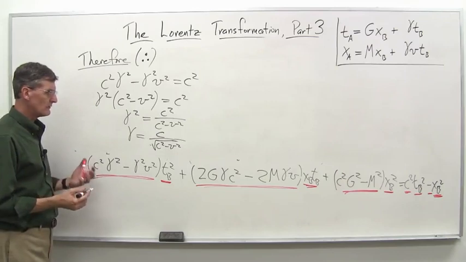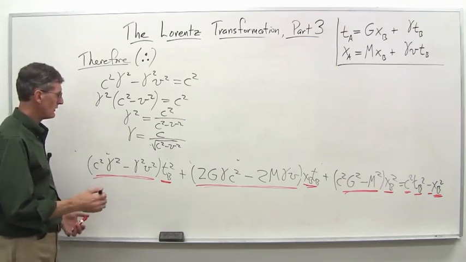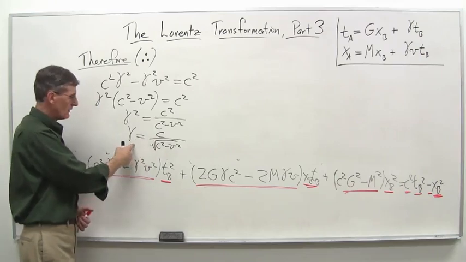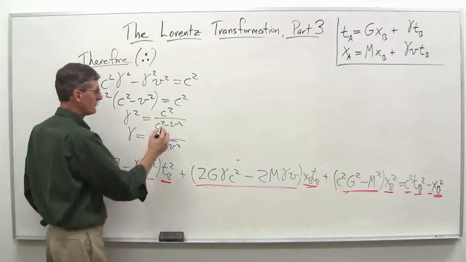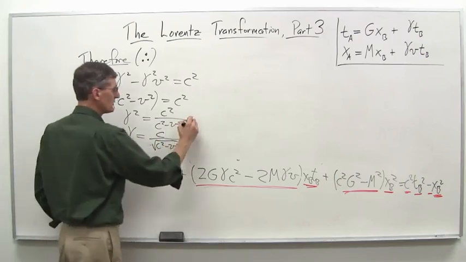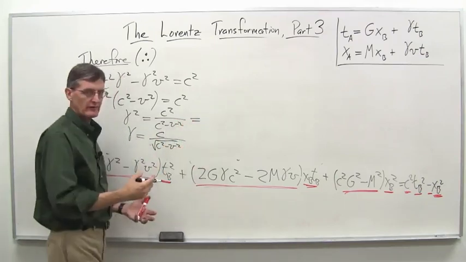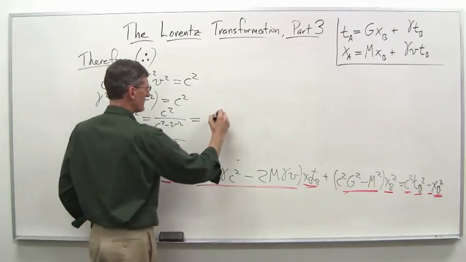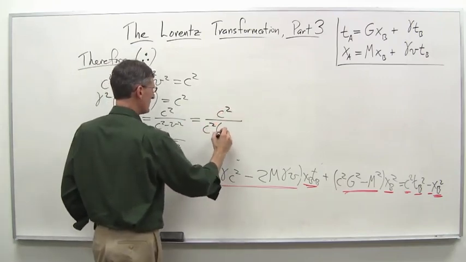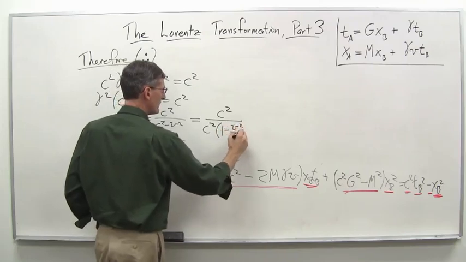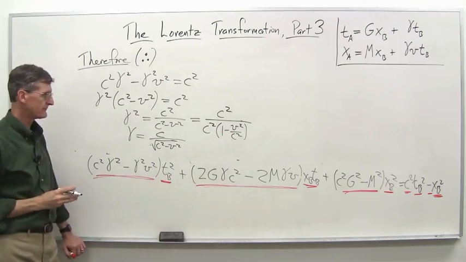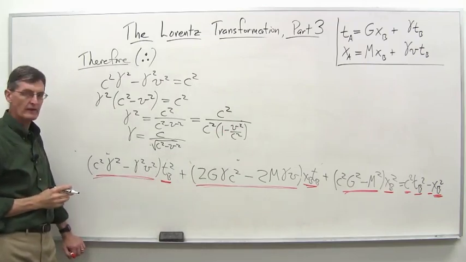And you say, well, what's going on here? Is that gamma? Really? Well, it is actually. You can see it a little bit better if, before we took the square root, we write this as c squared over c squared times 1 minus v squared over c squared, like we did in an earlier video clip.